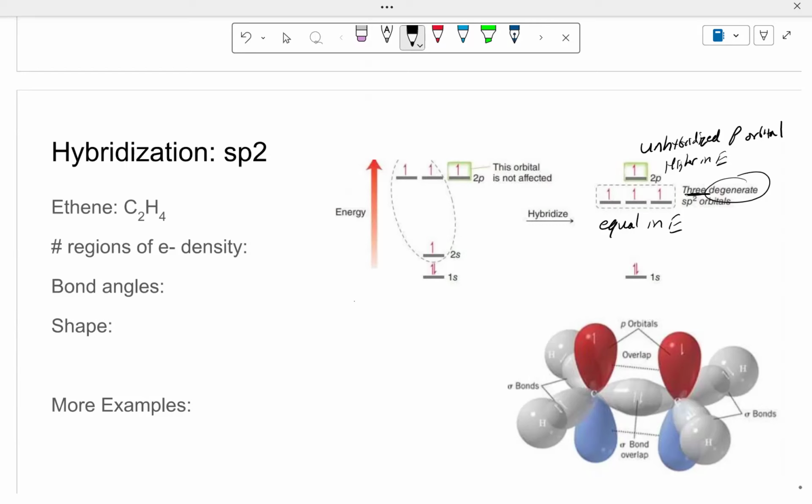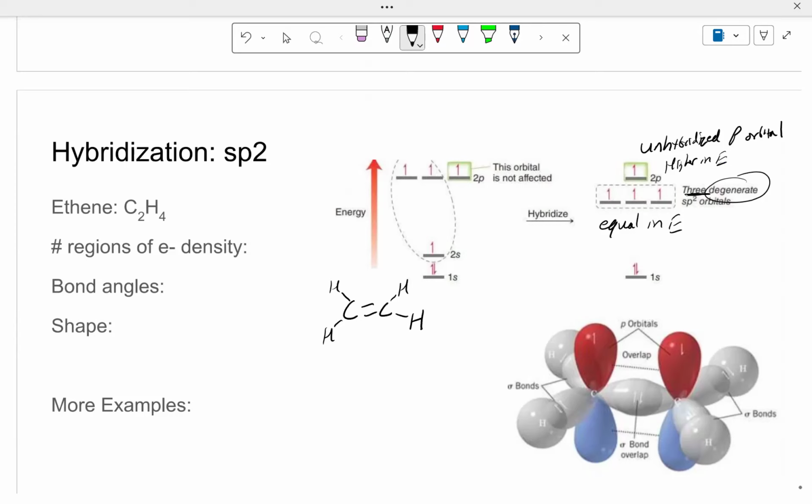So we're going to look at this compound as an example here. This is ethene, also known as ethylene. And what I want you to do is look at any of the carbon atoms and count the regions of electron density, keeping in mind you treat a multiple bond as one region of density.